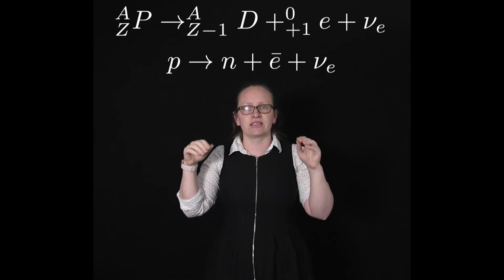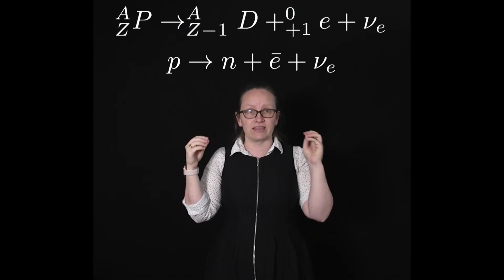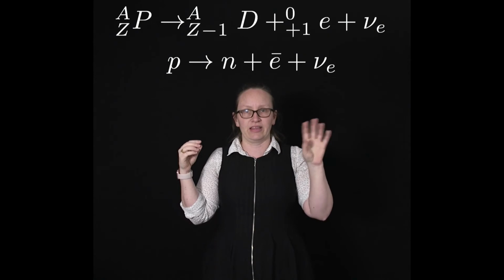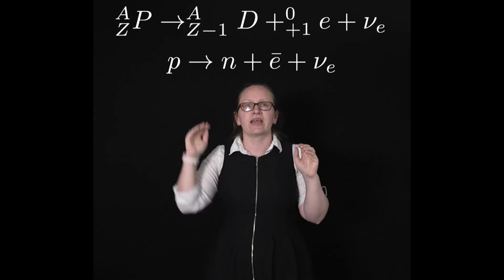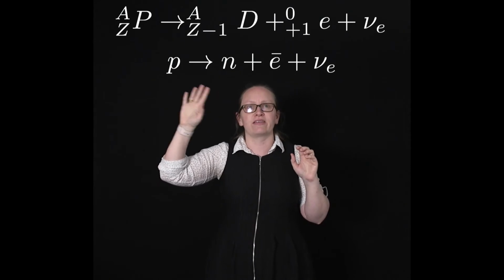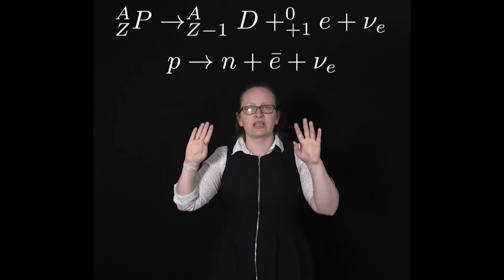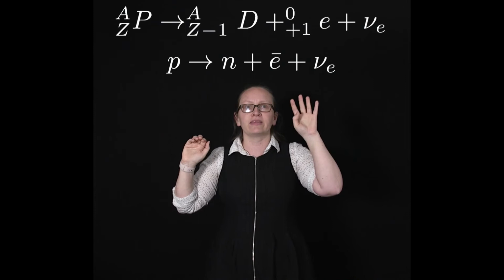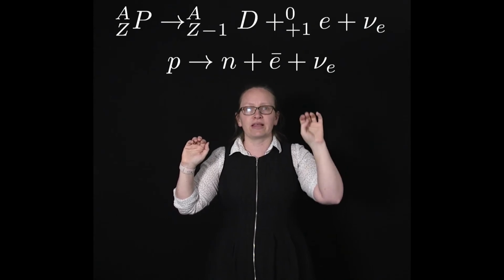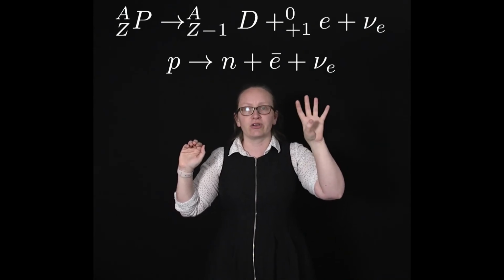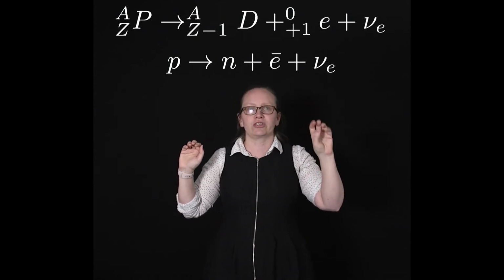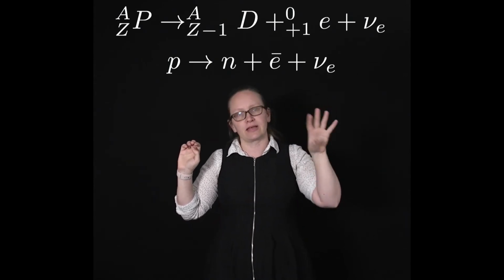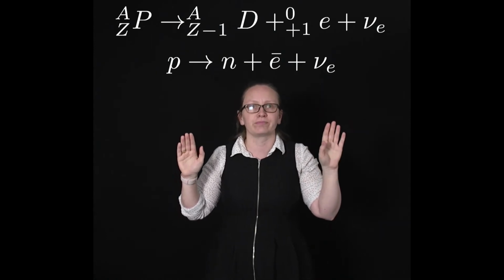In this beta plus decay, where we're getting the anti-electron formed, the positron, we can write the nuclear reaction as A Z P, standing for the parent nucleus, goes into A Z minus 1 P plus 0 plus 1 e, that's our positron, and in this case we get an electron neutrino produced as well, so that's nu subscript e to stand for that.